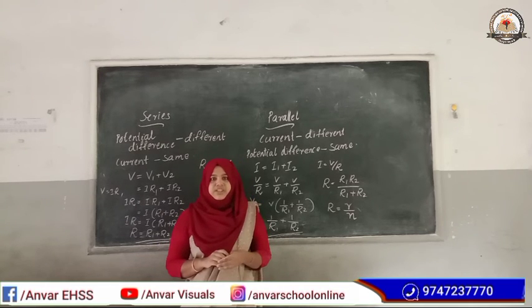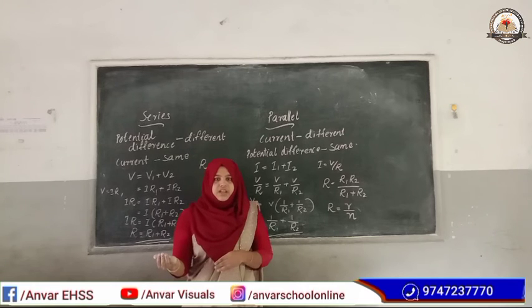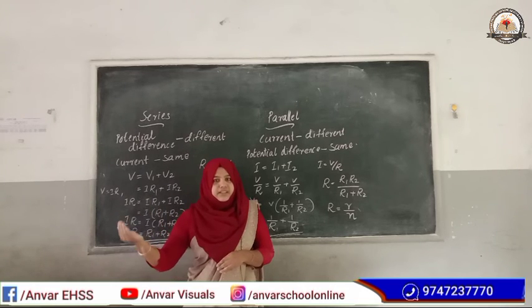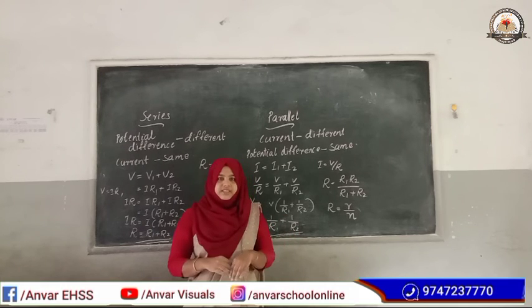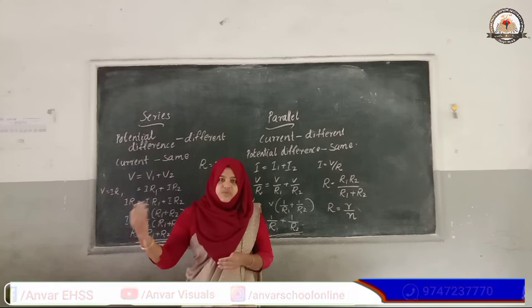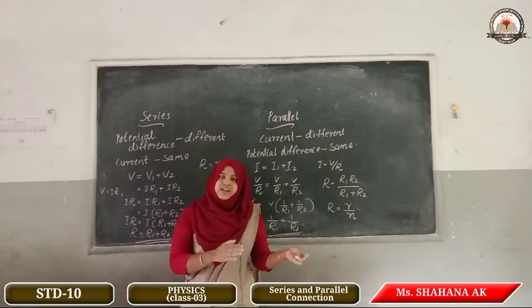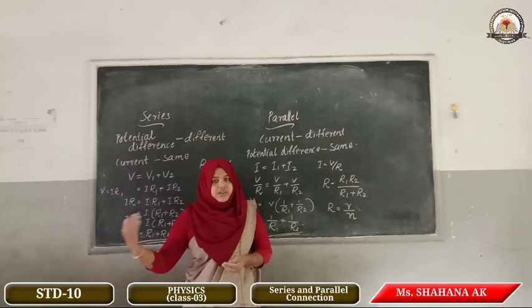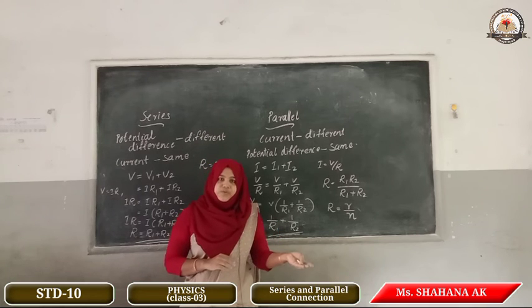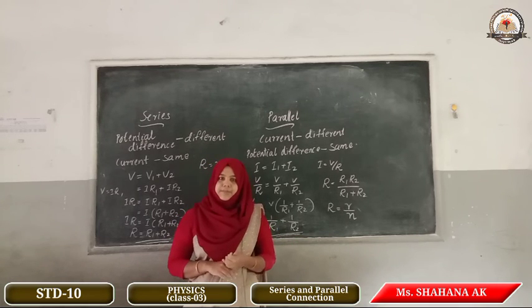In series combination, we have discussed already, the effective resistance increases, and in parallel combination the effective resistance decreases. Then in series combination, potential difference gets divided, and in parallel combination potential difference will be same.